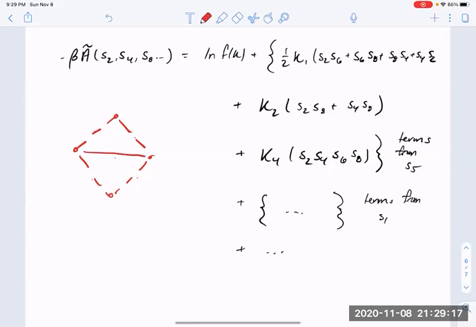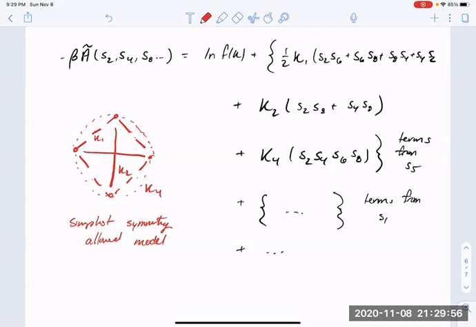In addition, we have interactions across the diagonal and a new four-body interaction that couples all of the spins at the same time. That one we've called K4. We have a K1 and a K2. Okay, so this is the new energy function we're renormalizing to.